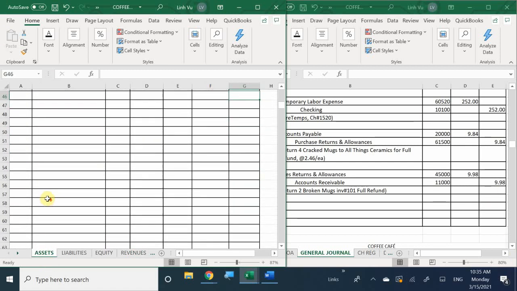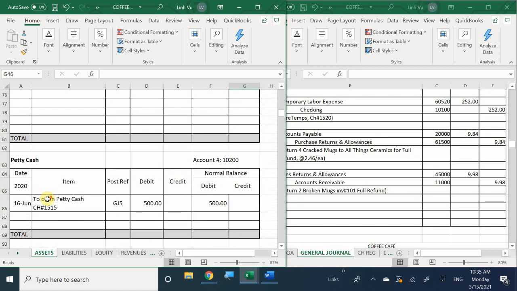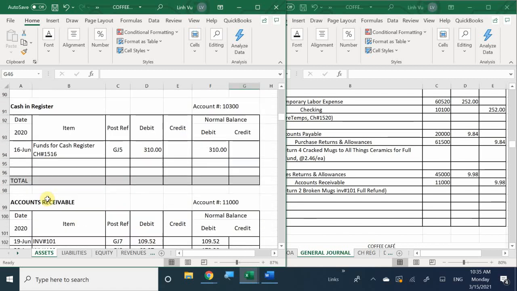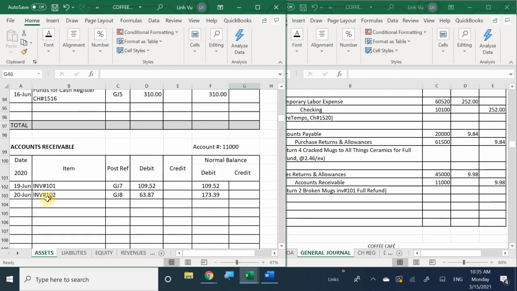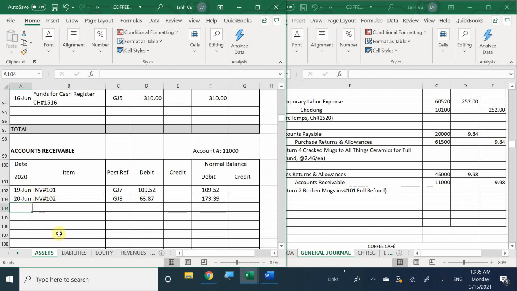So I think you guys should put invoice 101C because we're giving them a credit, just so you could differentiate what's going on. So here, accounts receivable, 621, right? Invoice number 101C. Okay.